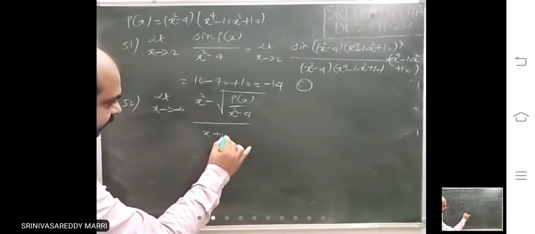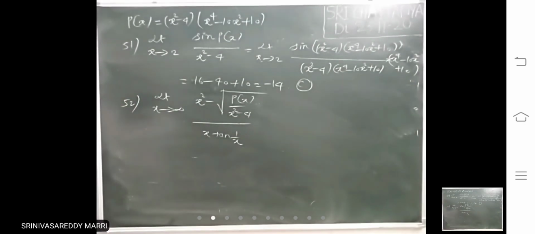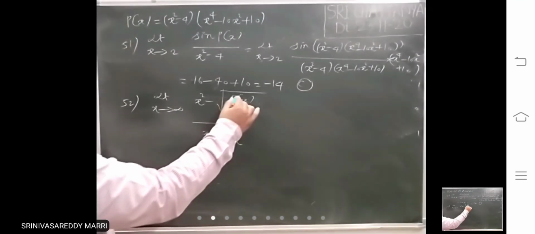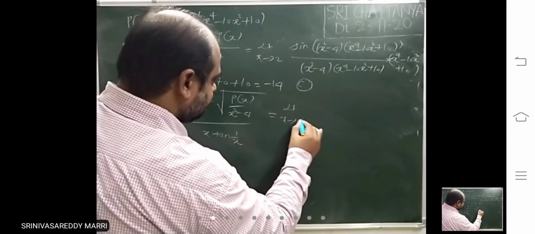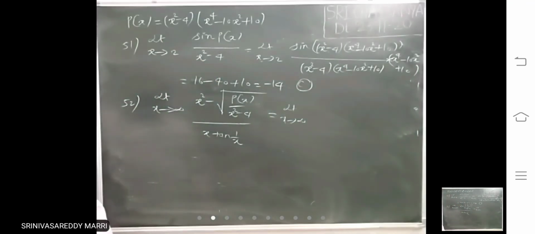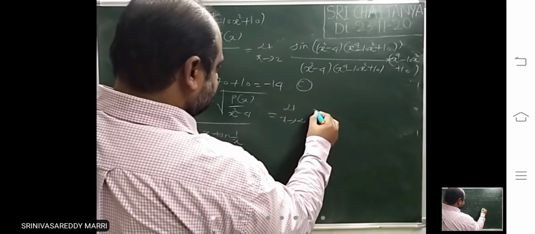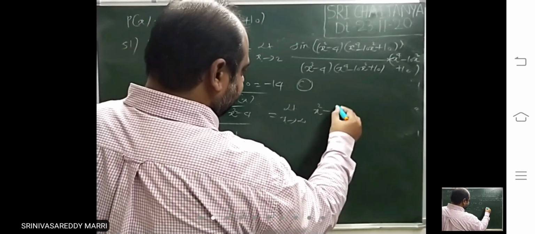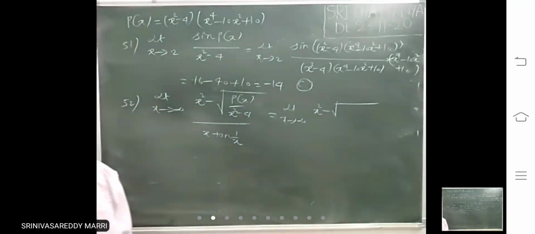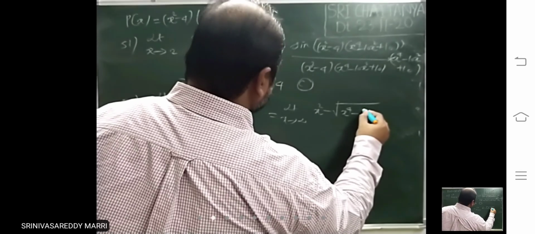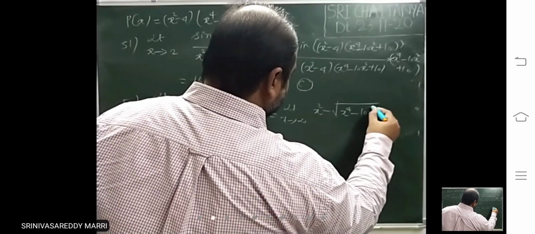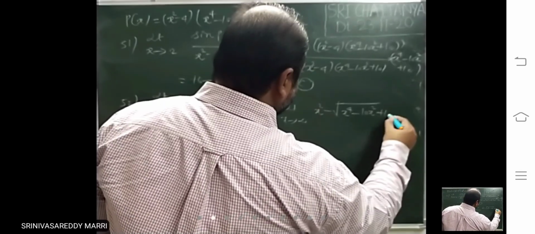This limit you have to evaluate. So now let us substitute p of x. If you substitute p of x, x square minus 4 will get cancelled. So x square minus root of the remaining thing, 10x square plus 10.